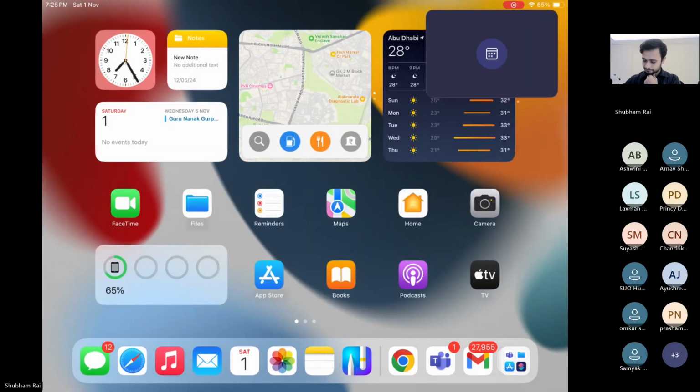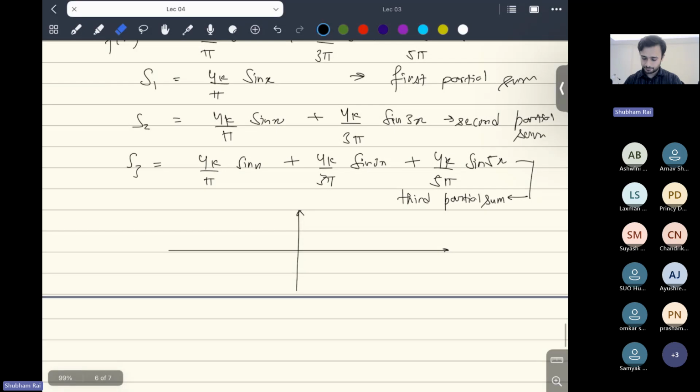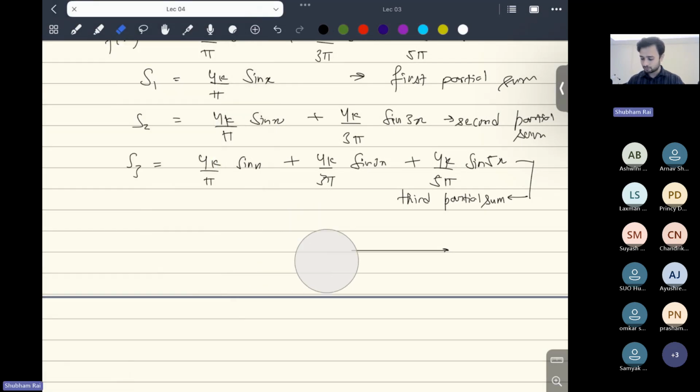Okay. I think now you would have understood why we were doing all these things. We were trying to approximate a periodic function with the help of sine and cosine terms. I would suggest you do the same thing with Taylor series. Taylor series also approximates functions.